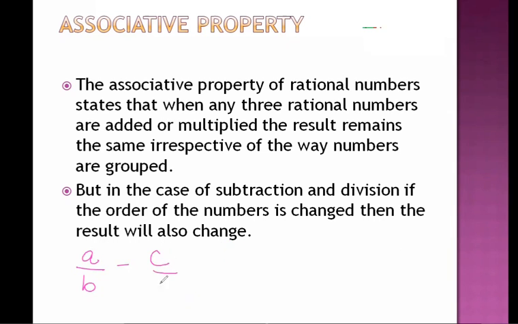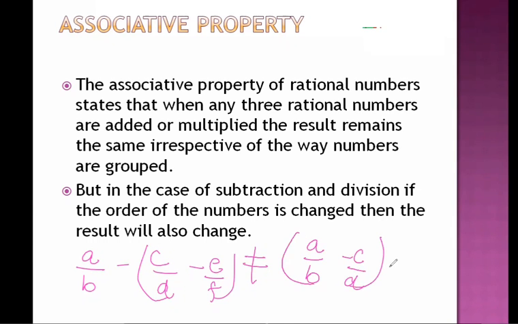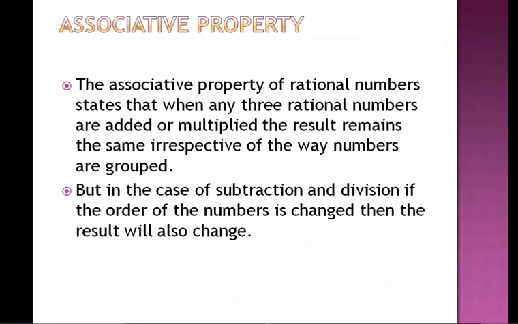A by B minus C by D minus E by F will not be equal to A by B minus C by D minus E by F grouped differently. Similarly, for division, the result would be different.